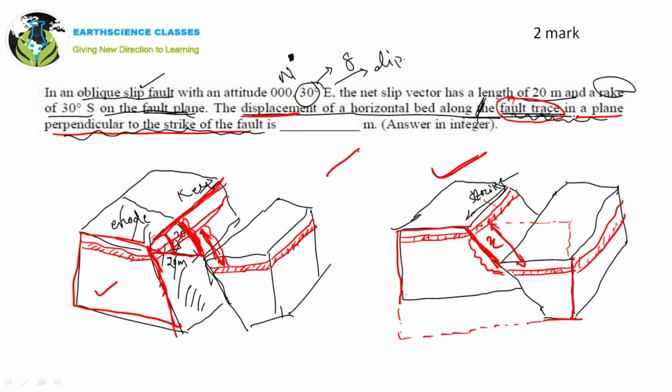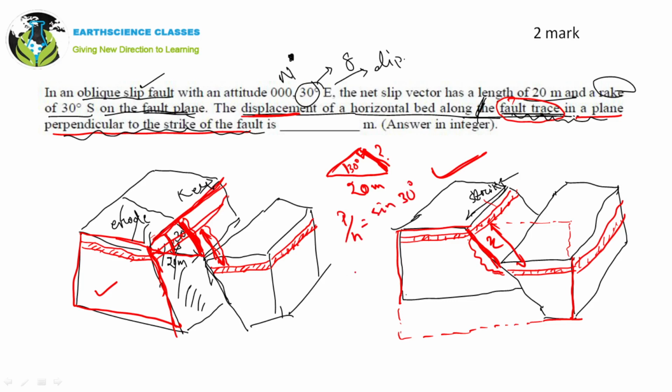So simple, it is 20 meter, it is 30 degree, and it is asking what is this. Okay, this is perpendicular because it is straight, separation along the dip. So P by H is equal to sin theta.